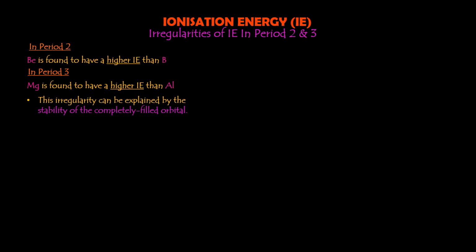This irregularity can be explained by the stability of the completely filled orbital. Beryllium, with a proton number of 4, has electronic configuration of 1s2 and 2s2, and boron, with a proton number of 5, has electronic configuration of 1s2, 2s2, and 2p1.